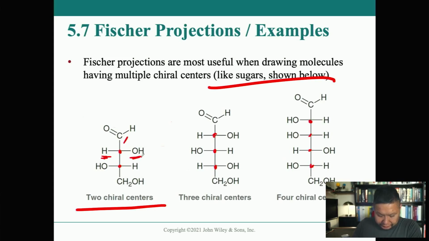This constituent over here is an OH, alcohol, and this constituent over here is a carbon, right? And that's true of all of these. So they're all different constituents on the chiral carbon, and that's why they all have multiple chiral centers.